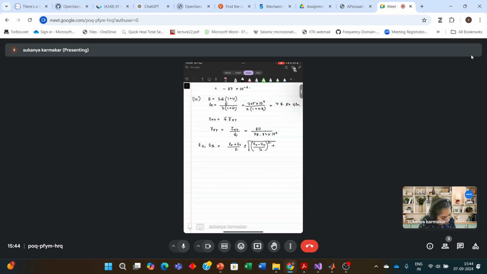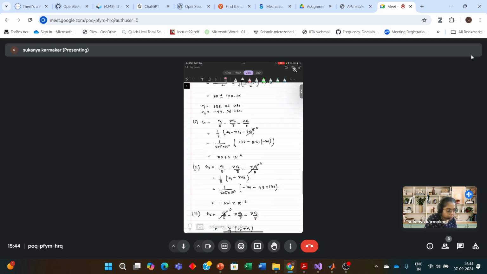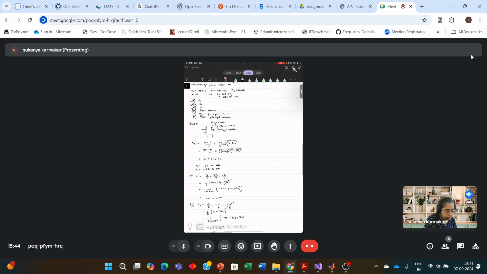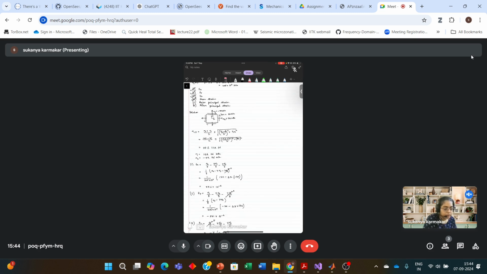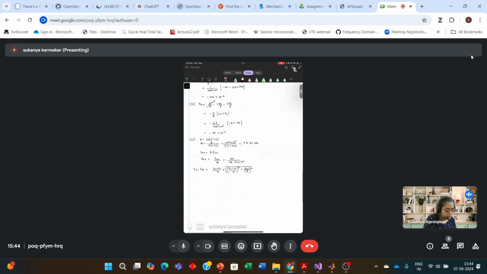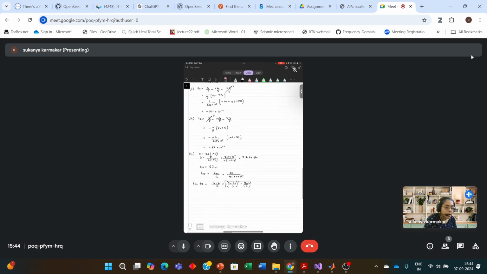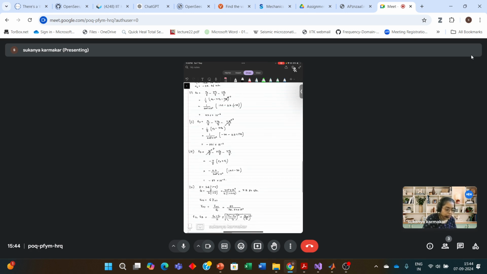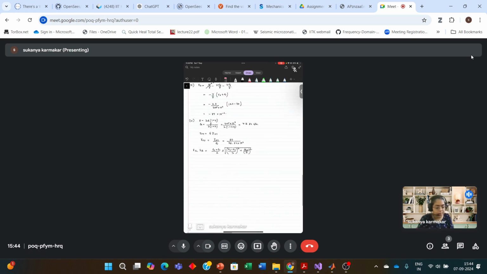The only change in the formula is gamma xy by 2. If you compare the equation of Mohr's circle of stress and Mohr's circle of strain, in place of sigma x you have epsilon x, in place of sigma y you have epsilon y, but in place of tau xy you have gamma xy by 2, which manifests in the derivation itself.